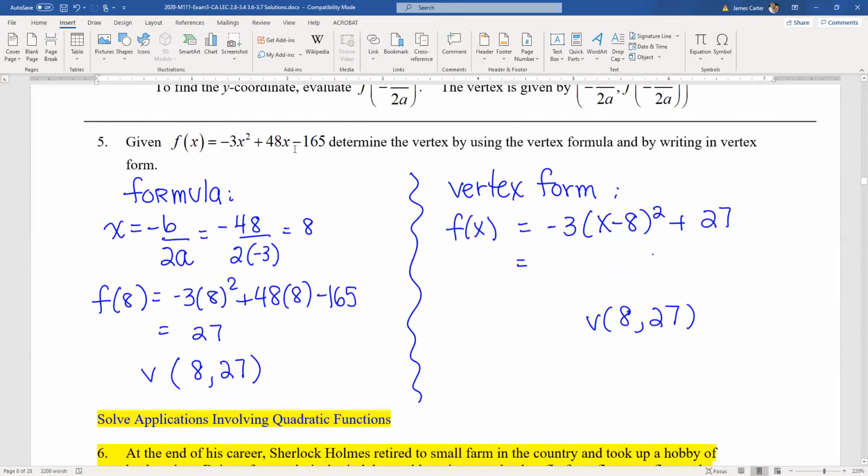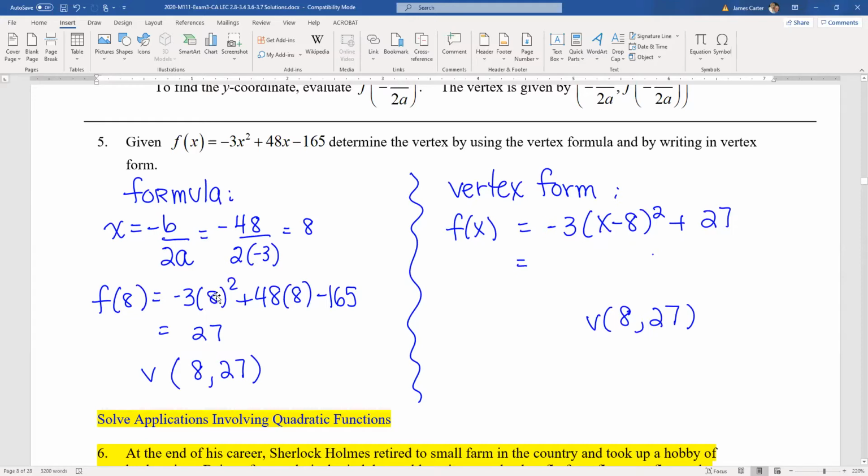Here's the equation. Determine the vertex from the formula. So we take the negative b over 2a, which gives us negative 48 over 2 times negative 3. Simplify that and you get positive 8. So x equals 8 is the line of symmetry, and 8 is the x value of the vertex.